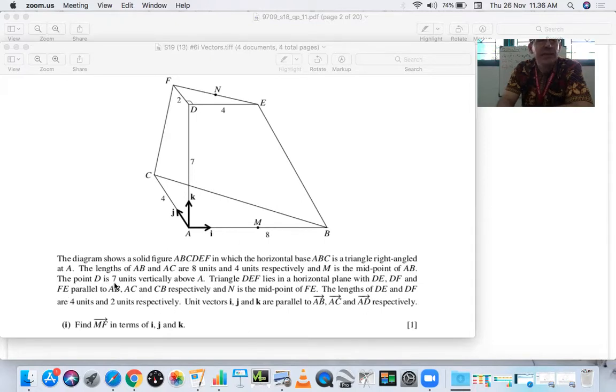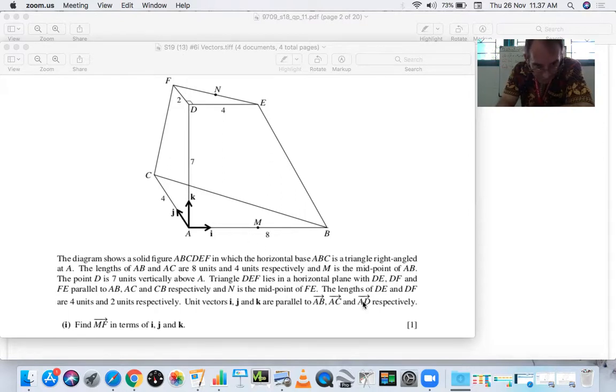And the point D is 7 units vertical above A. Triangle DEF lies in a horizontal plane with DE, DF, and FE parallel to AB, AC, and CB. So this is directly above here, right in the corner, directly above it, parallel to the base.